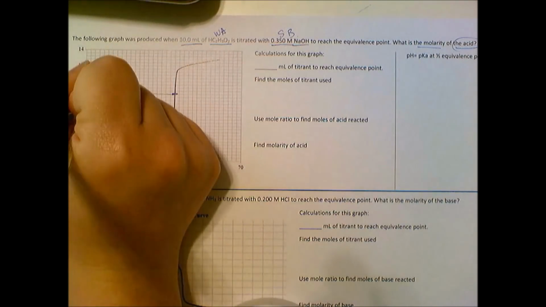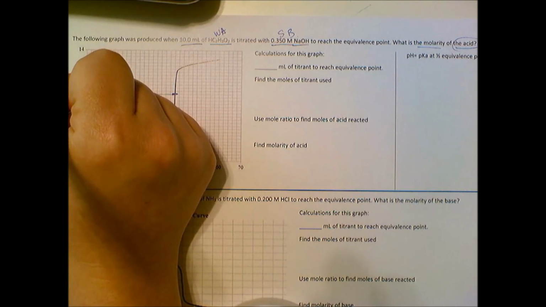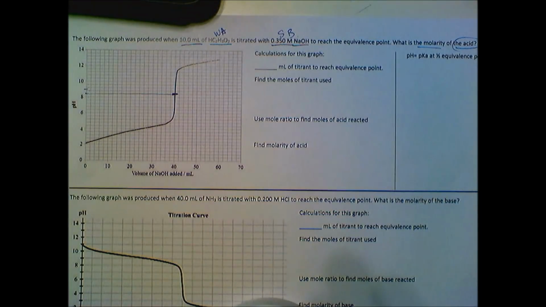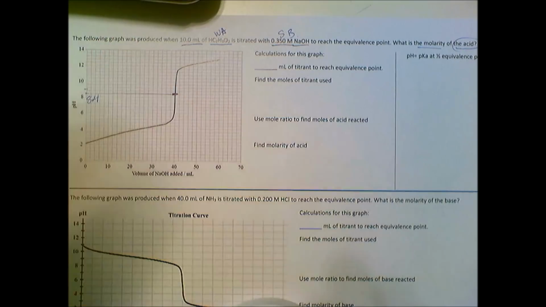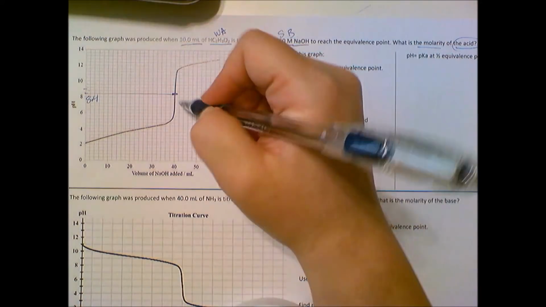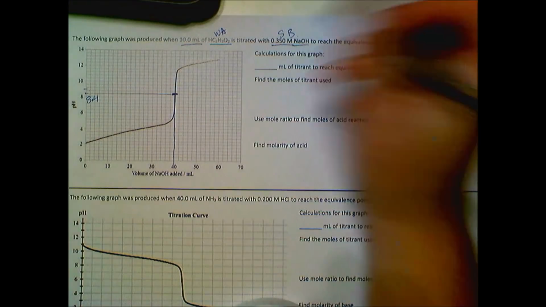So we're looking at, let's see, 8. This would be 9. So I'm looking at about 8.4 for my pH. That's what I'm estimating. So that's our pH, and then our volume here is 40 milliliters.